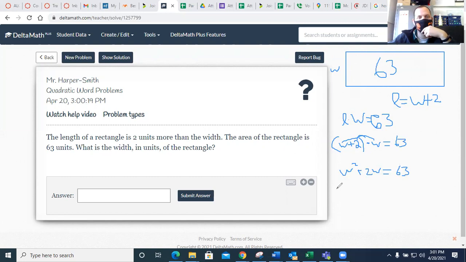And then minus 63 from both sides. It's going to be W squared plus 2W minus 63 equals 0. What two numbers multiply to be negative 63, but add to be 2? That'd be W minus 7 and W plus 9.